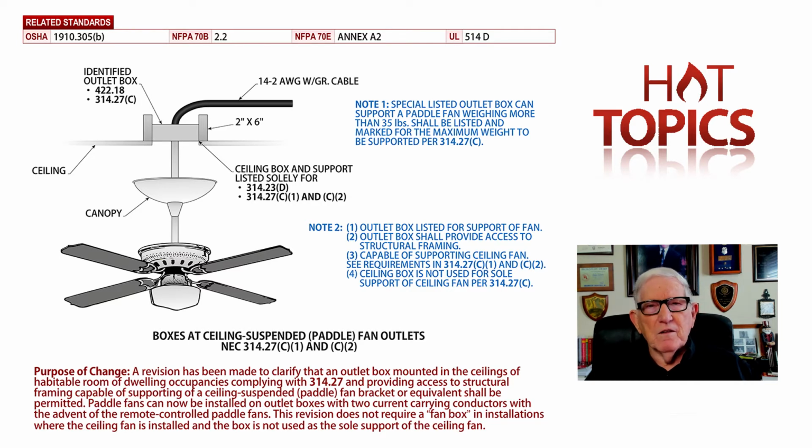We're going to look into that. But notice note 1 reads, special listed outlet box can support a paddle fan weighing more than 35 pounds. However, it has to be listed and marked for the maximum weight to be supported in accordance with 314.27(C).